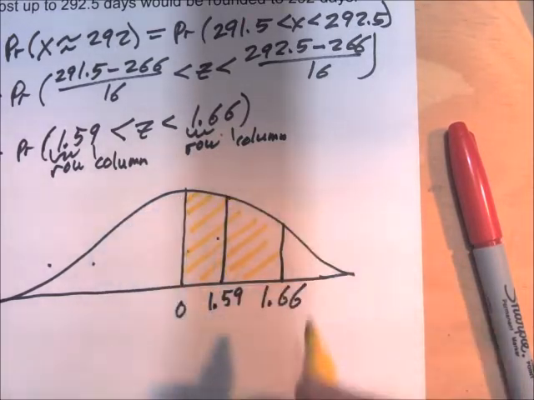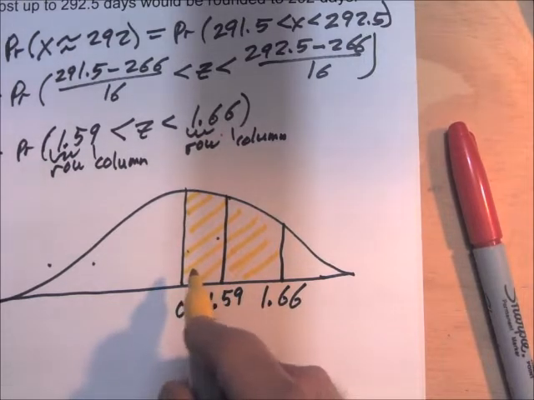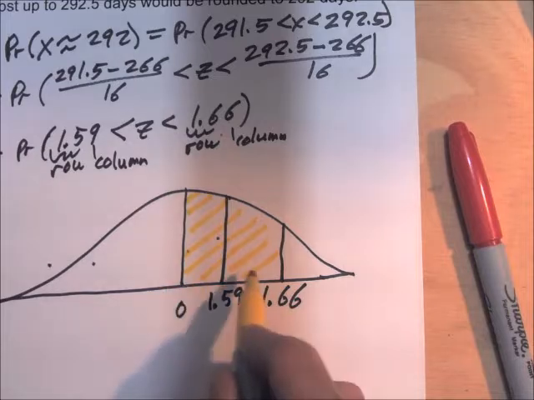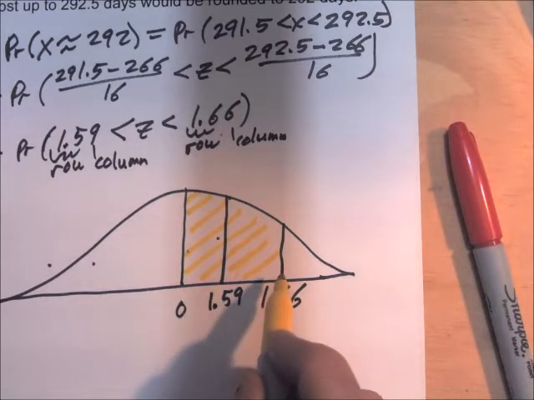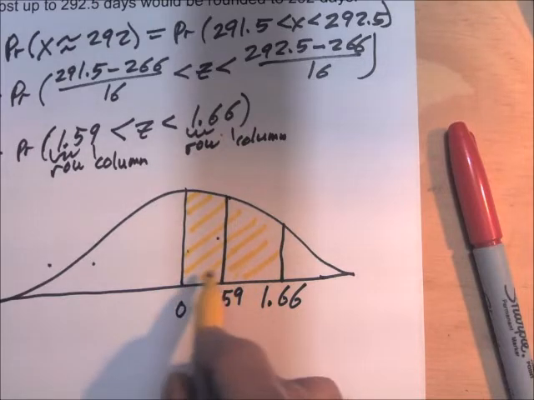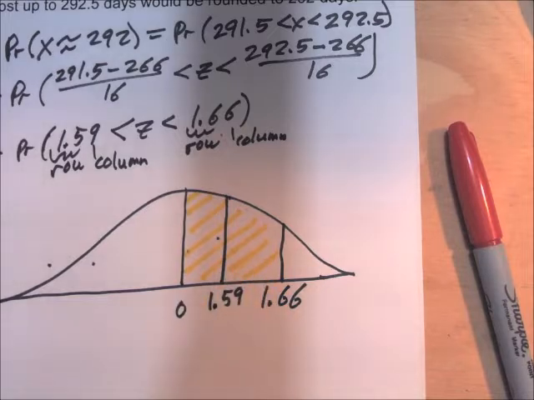So the way our table is set up, the probabilities given are for the probability of z being between 0 and the given number. So if you look at 1.66, that corresponds to the shaded area from 0 to 1.66, and that's actually more than what we want.